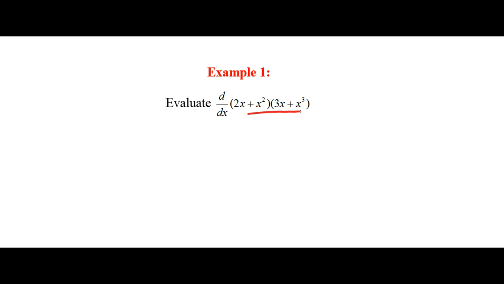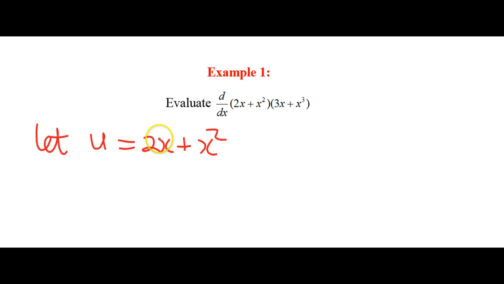There are so many ways of writing a question for differentiation. So another form can be this. You can just write this and say evaluate. Okay, so we want to evaluate this. So to evaluate this, what we do is that we let u be the first function, 2x plus x squared. Then we differentiate u with respect to x.